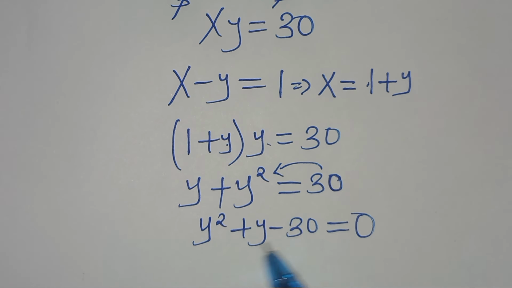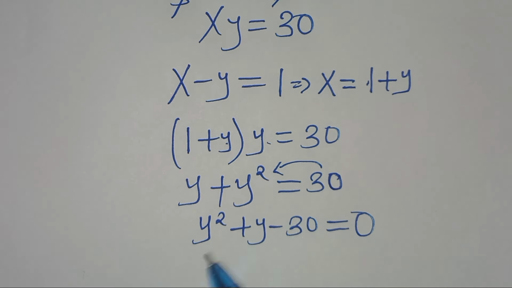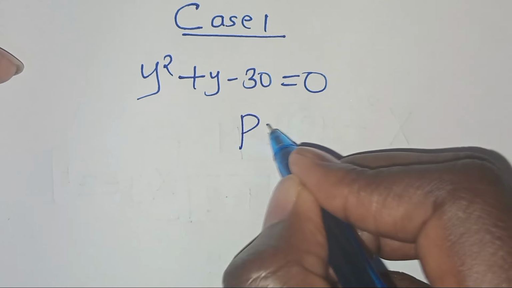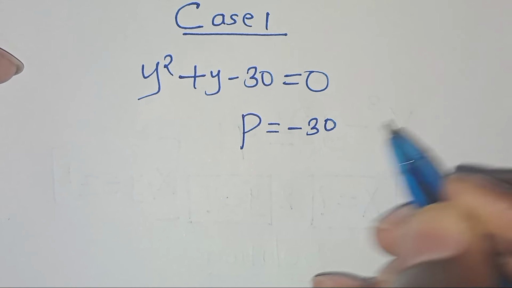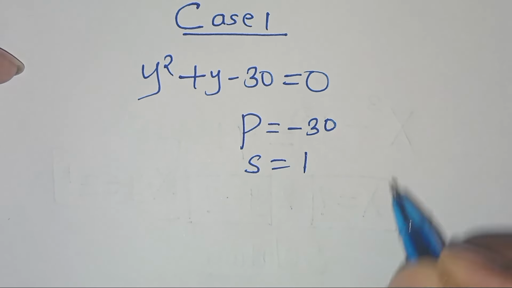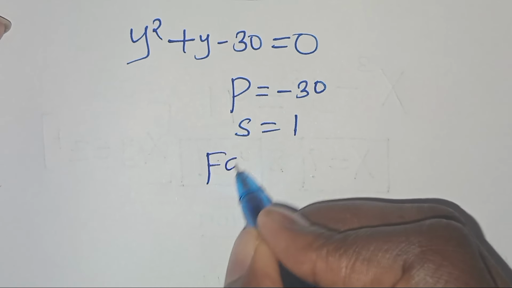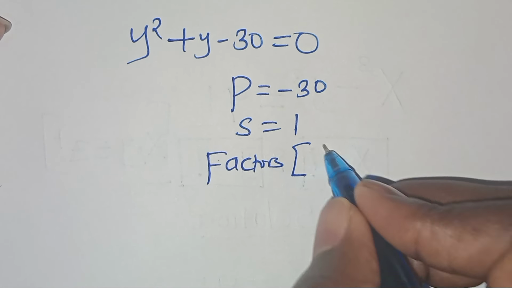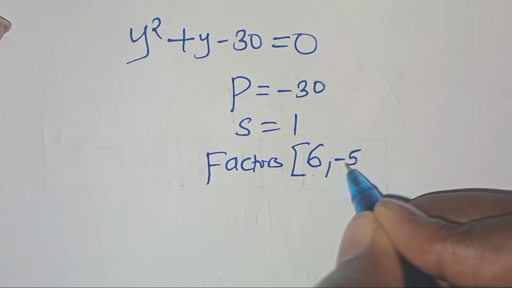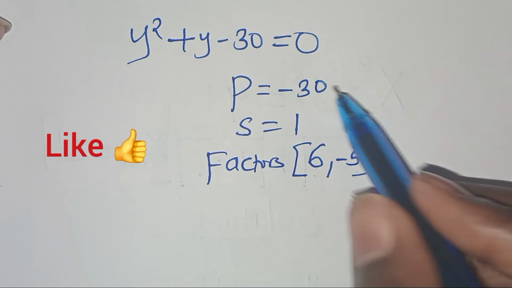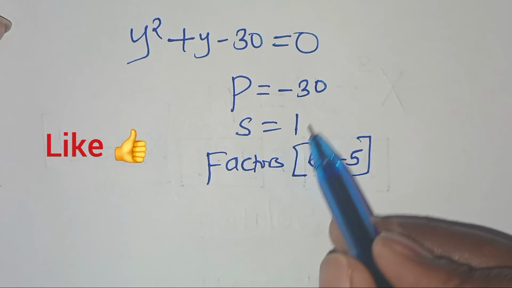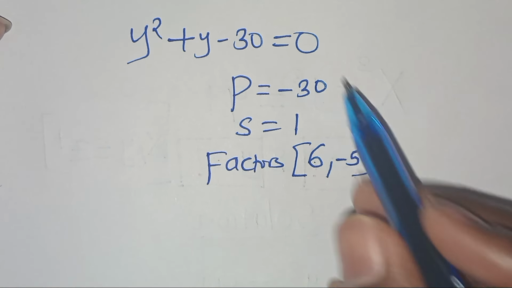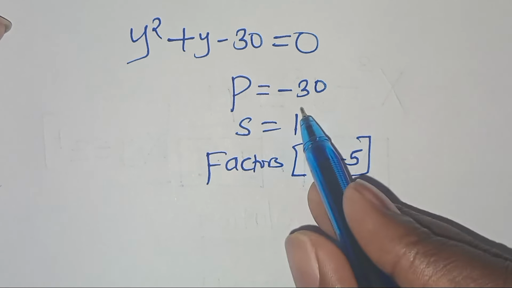So this is a quadratic equation that we can solve by factorization method, such that here the product is equal to minus 30, the sum is equal to 1. So we can identify two factors such that if you multiply these two factors, we have a product of minus 30. If we sum, we have a value of 1. 6 times minus 5, this is minus 30. 6 plus minus 5, this is equal to 1.